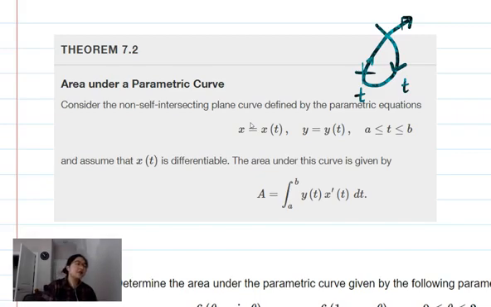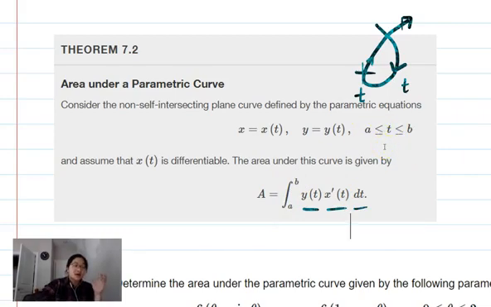Our area under the curve is going to be our y with respect to t times our derivative of x with respect to t, and we're integrating with respect to time. And the reason this is coming about is because when we're looking at the chain rule and undoing the chain rule, then this is a necessary element of that. And our parameters are, again, with respect to time.